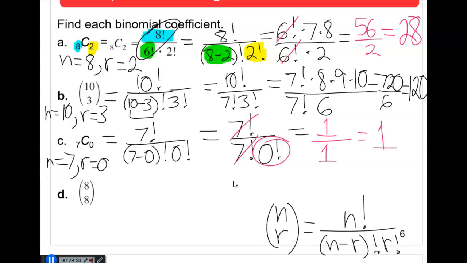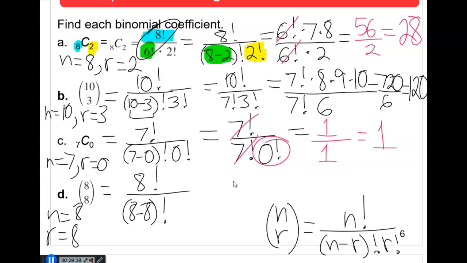And the final one from this slide will be 8 factorial over 8 minus 8 factorial, because n is 8, but so is r. So in this case, we have 8 factorial in top and bottom, so it's equal to 1.